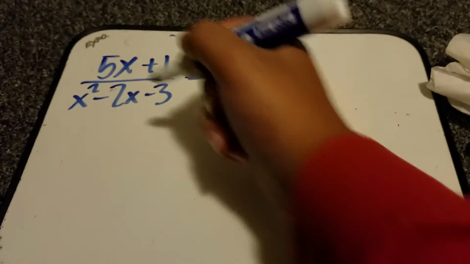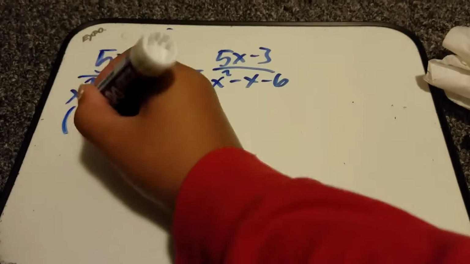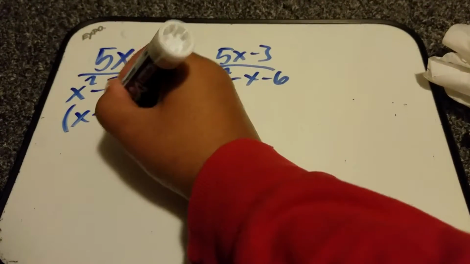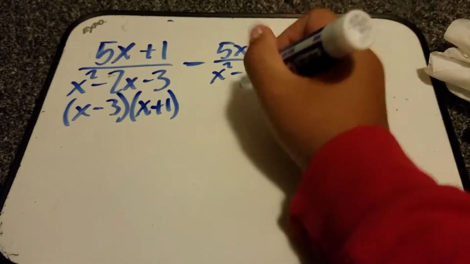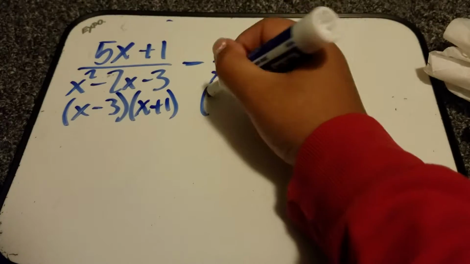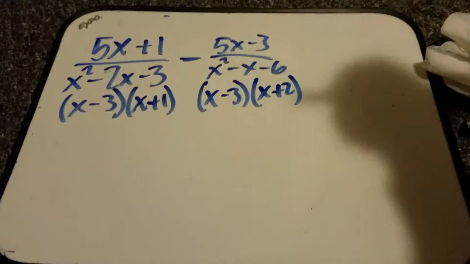And the best way to find that is to factor it out. So this would be x minus 3 and x plus 1. And this would be x minus 3, x plus 2.